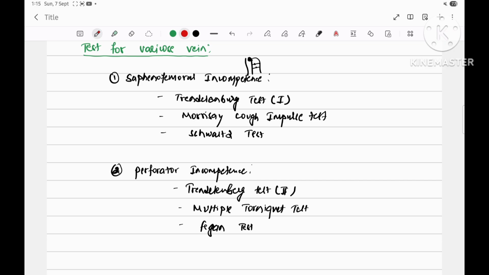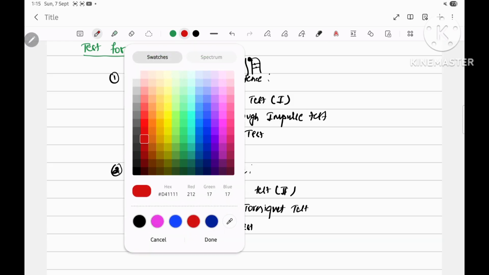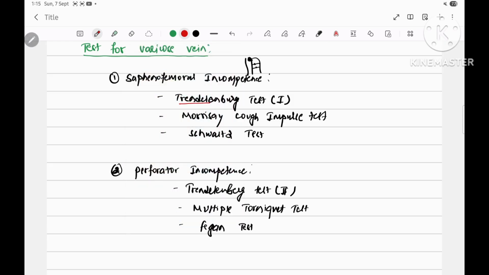Most of our friends think about this Trendelenburg test and say it is important to differentiate the varicose vein incompetence, but they scored very badly. The Trendelenburg test has such a fancy name, so we think this is the single test, but this is not.